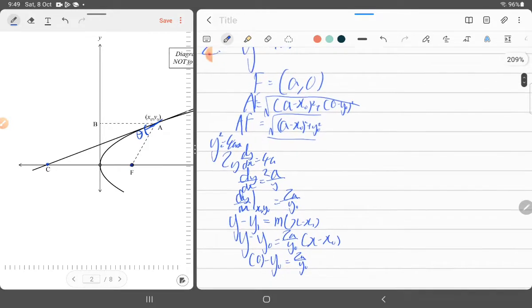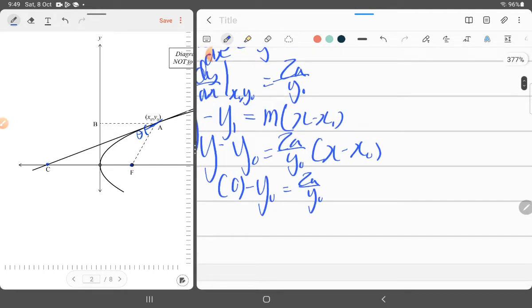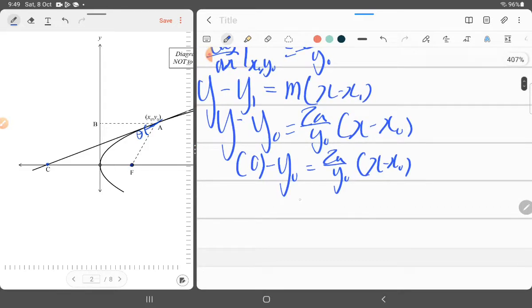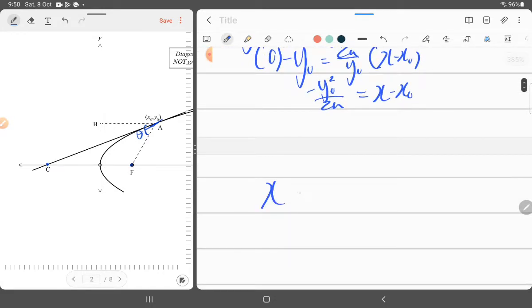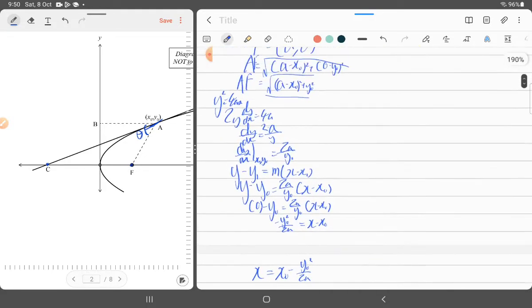Right, okay, there's a y in the function. X take away x0, so negative y0 squared all over 2a is equal to x take away x0. So this x point is at x0 take away y0 squared over 2a. Is that correct? This feels like a very awkward number to play with.